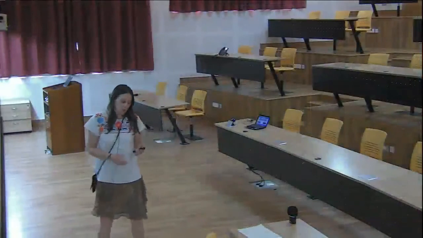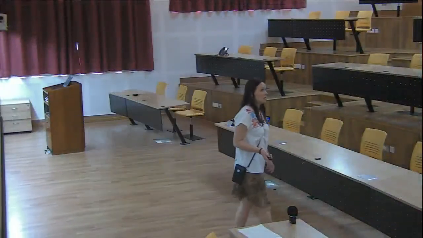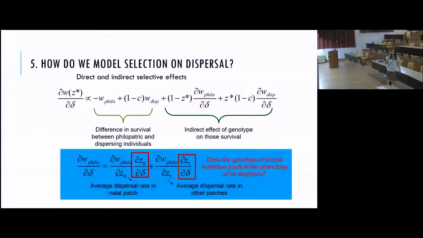So just to come back to this expression, in many models of evolution of dispersal you've got this kind of term, which is just a difference in survival between Fitzpatrick and dispersing individuals. And anytime you find some kind of genetic structure or phenotypic structure, there's some probability that in the same patch there are individuals with the same gene as you.